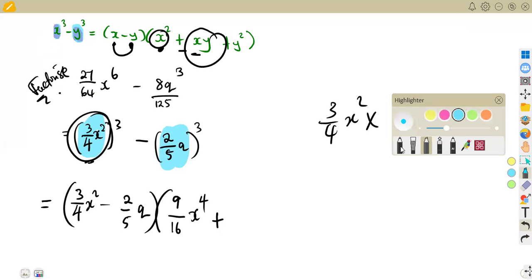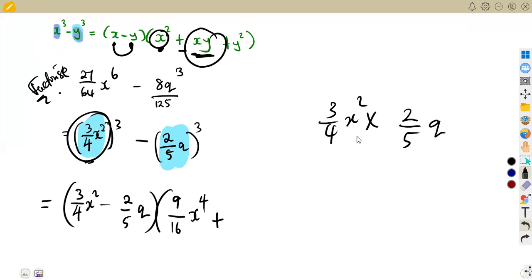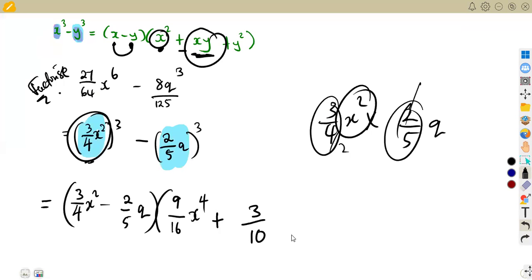If you simplify the numbers, that will be 3 over 10, then we have x squared and q.